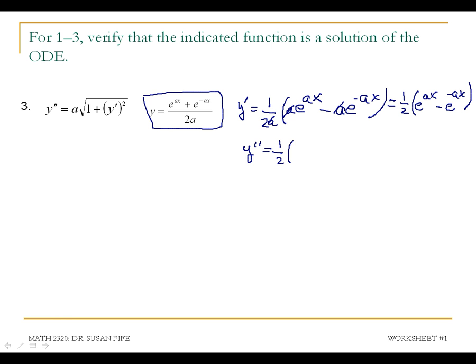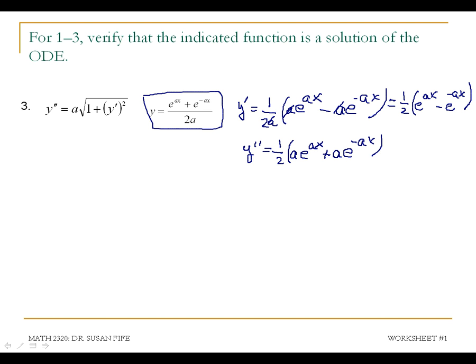The derivative of e to the ax is a e to the ax. And the derivative of e to the negative ax brings down a negative a, so I have the opposite of a negative a, which gives me plus a, and then my exponential comes back, e to the negative ax. From here, if you want, you could factor out the a. I think I'll leave it like this for now.